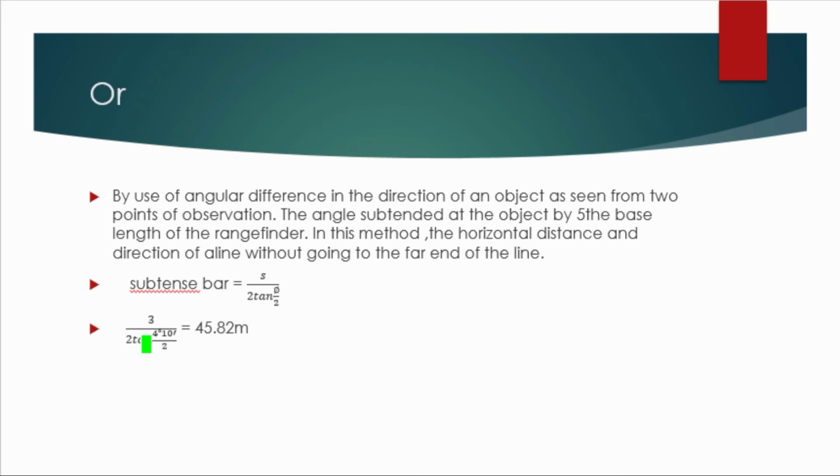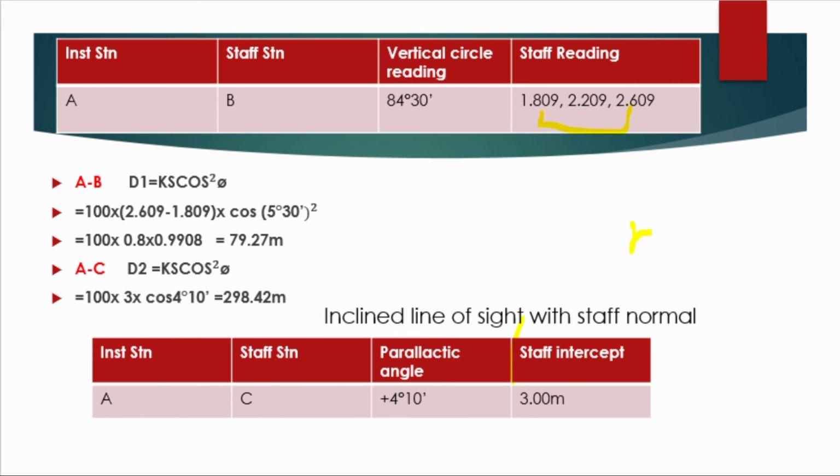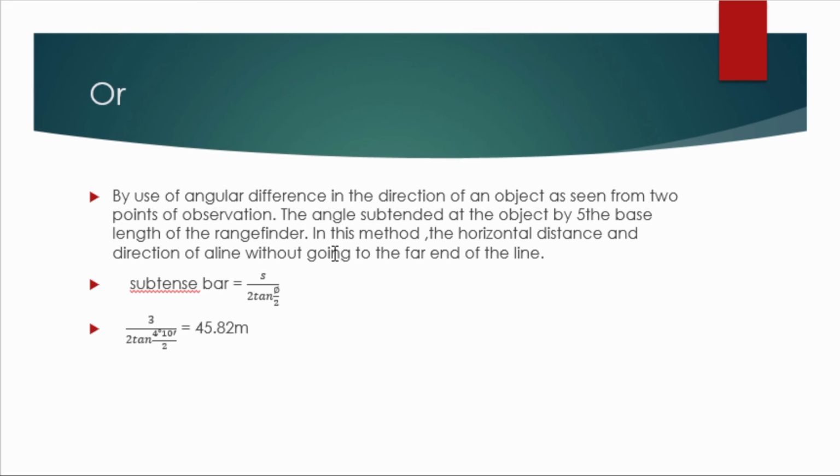You can use this concept, you will research more. This is another concept which we can apply to finding the distance AC. This is just an explanation of the reason why I used this method.